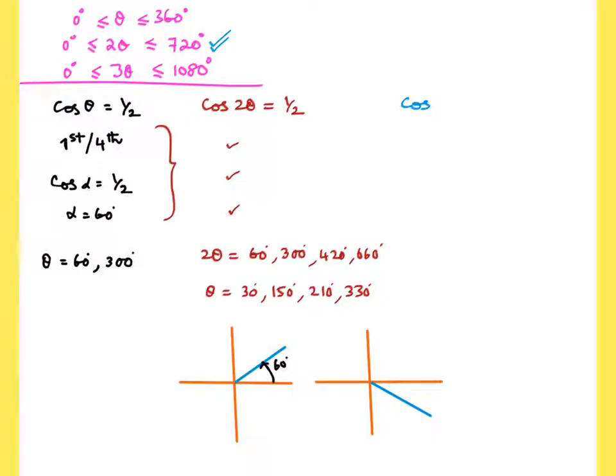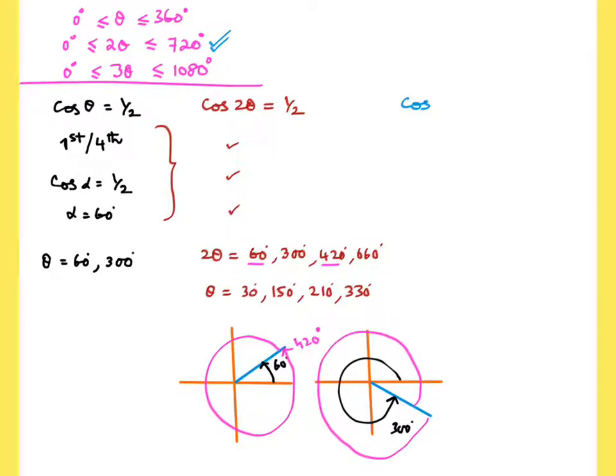If I go one more revolution and come about this point, that is 60 plus 360, which is 420. So this is 60 and this is 420. Similarly, this angle was 300. If I go one more revolution, 300 plus 360 is 660. So that is this one and that is this one.